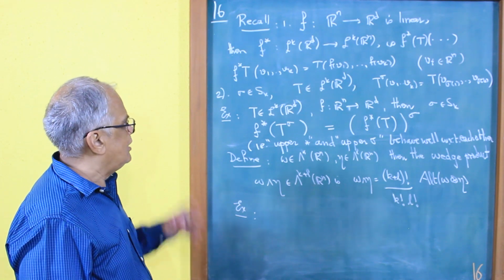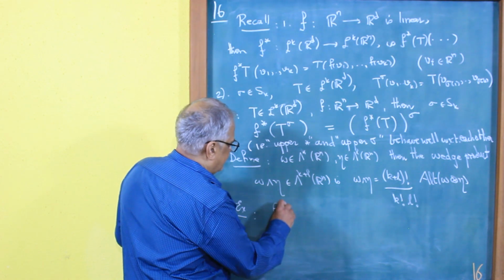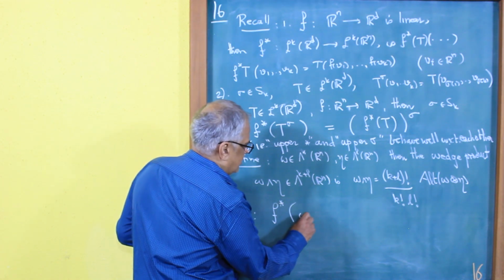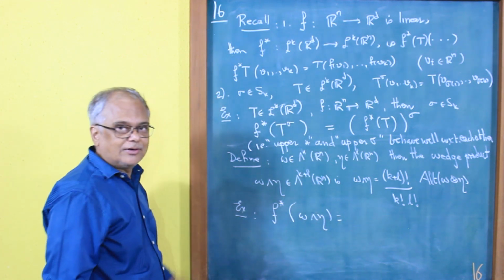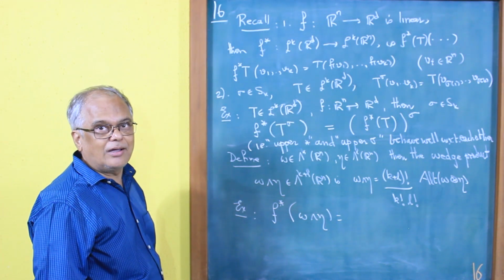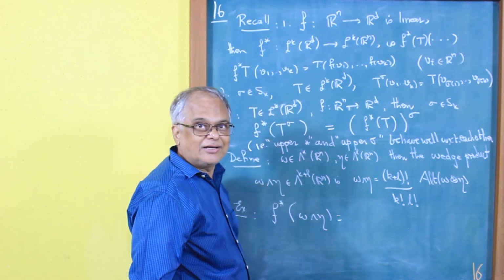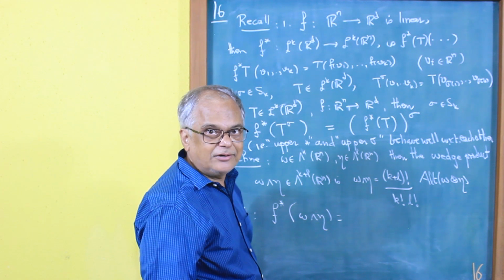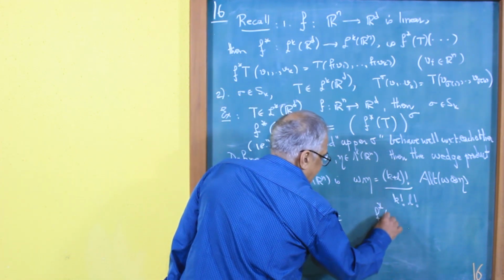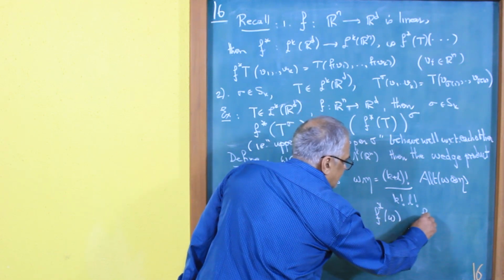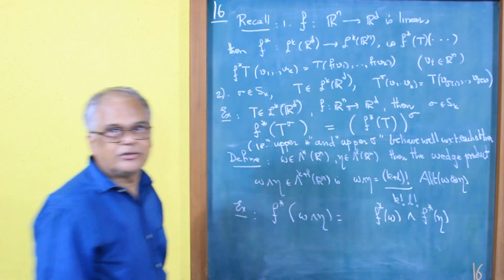Okay? And once you have this, it is an easy exercise to show that f upper star of omega wedge eta, what is the thing that I can write on the right hand side? On the right hand side I can write f upper star omega and f upper star eta, and I can take their wedge product.